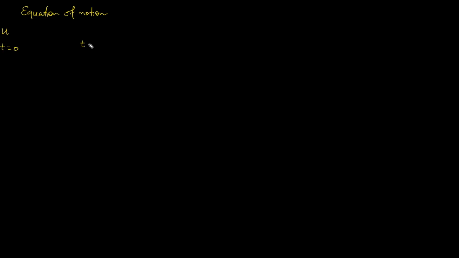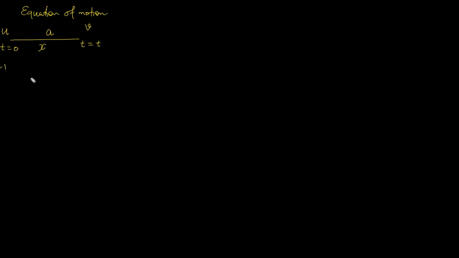At time t, its final velocity is v and it has traveled a displacement x. It is accelerated with acceleration a. Now we will derive the equations of motion with two methods. First one will be the calculus method and the second one will be the graphical method. So first I am doing the calculus method.